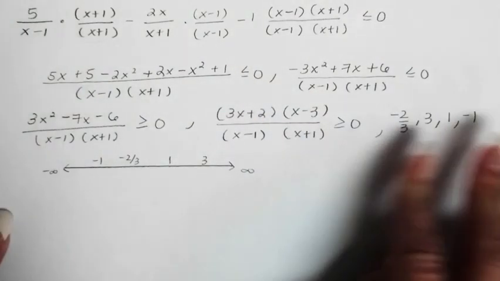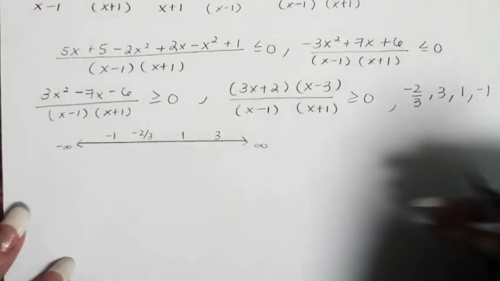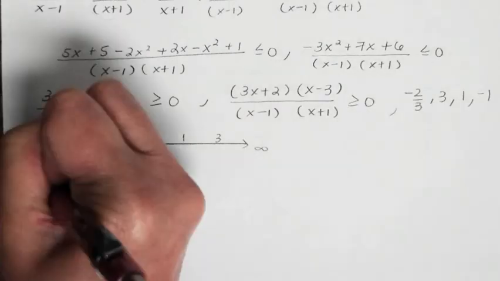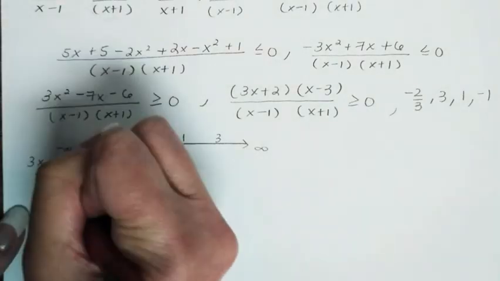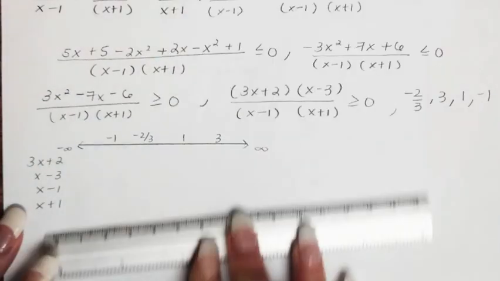I'm going to put my factors here so I can evaluate each one. This one is going to be longer because I have 4 factors, but that's fine. Your first factor is 3x plus 2, your second factor is x minus 3, then x minus 1, x plus 1, and then I'm going to do the operation.